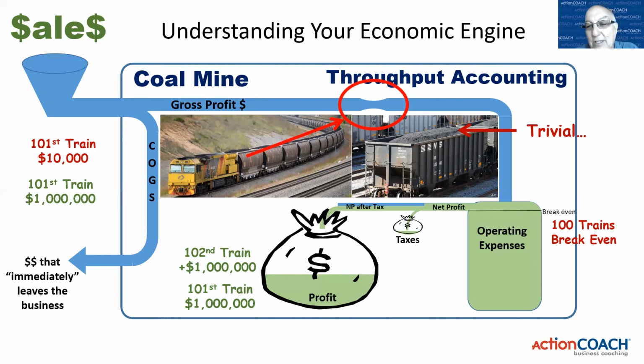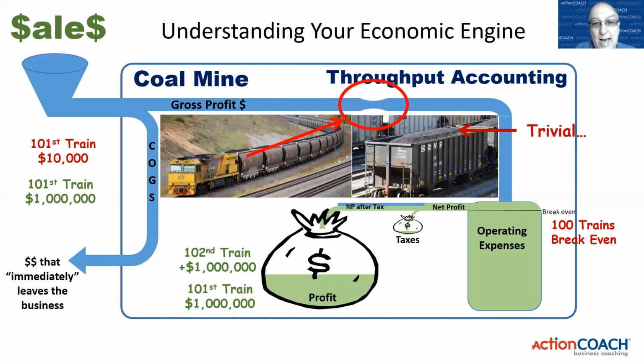But because their mindset said each train, the 101st train, is worth $10,000, they couldn't justify the major rework, the millions of dollars that it would take to rebuild the crusher and fix some other equipment or expand certain areas of a plant that would allow them to consistently get that 4th train. All right. So the mindset that a train is worth $10,000 when the reality was the 101st train was worth $1 million is profound.